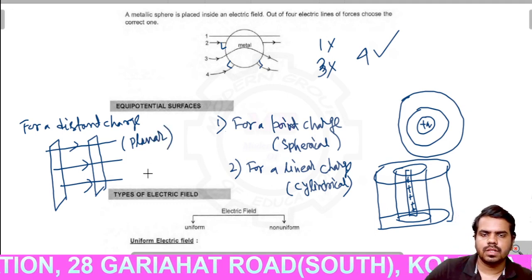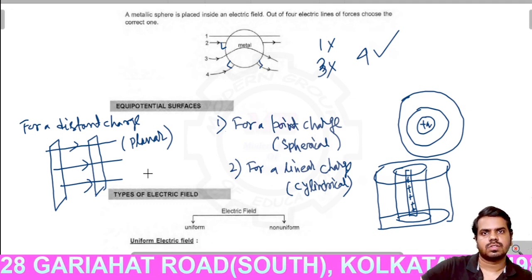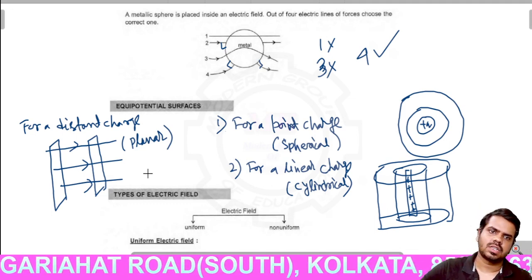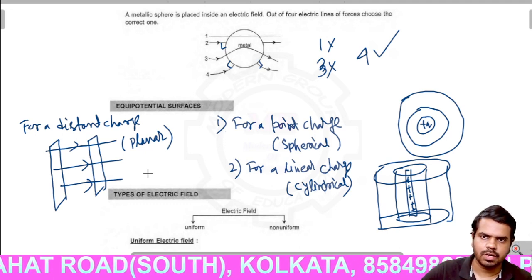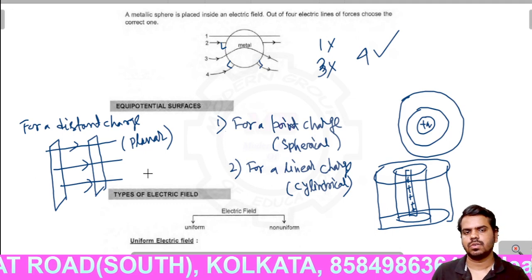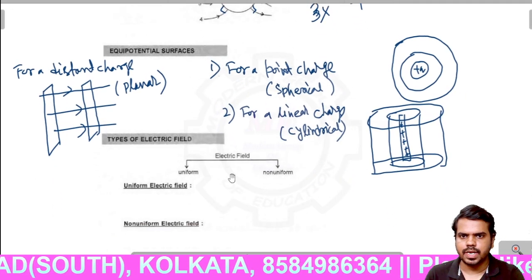In class 12, there is a chapter on wave optics. There you will find wavefronts. Wavefronts are just like equipotential surfaces. Okay, so for a distant charge, this is a planar wavefront, planar equipotential surface. Okay, clear?